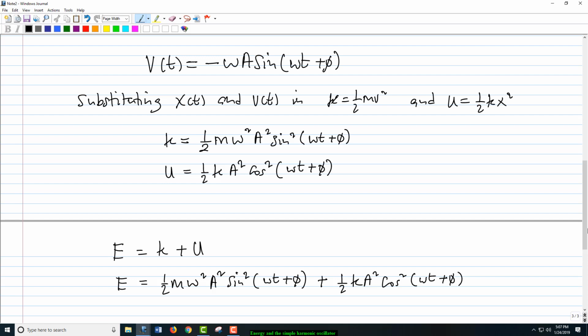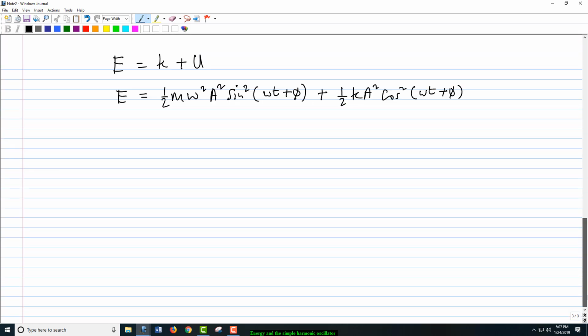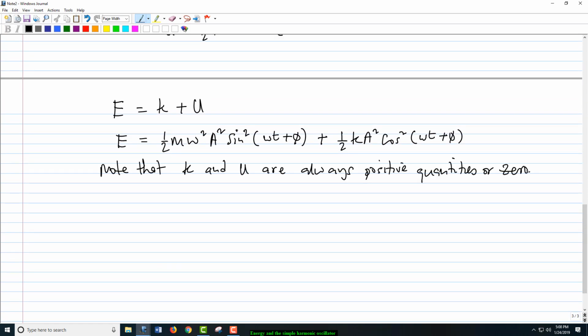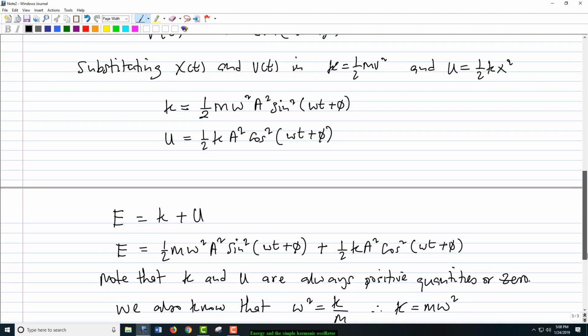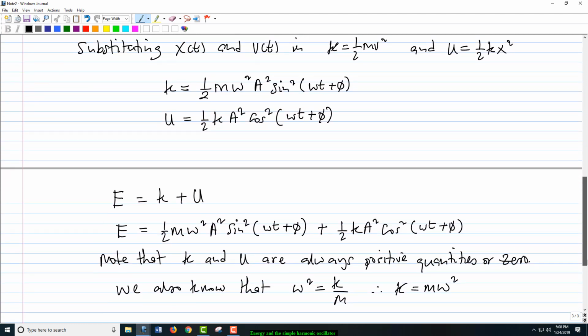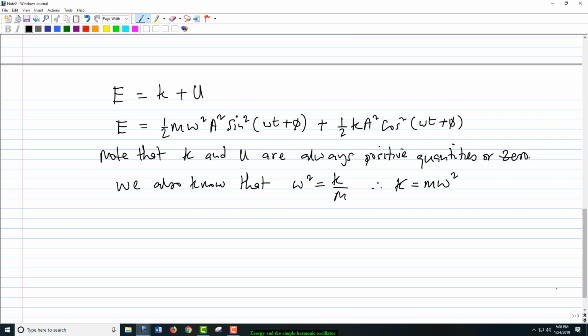Note that K and U are either positive quantities or zero. We also know that omega squared is equal to k over m. Therefore, we can say k is equal to m omega squared. And by having that, we can make a substitution.